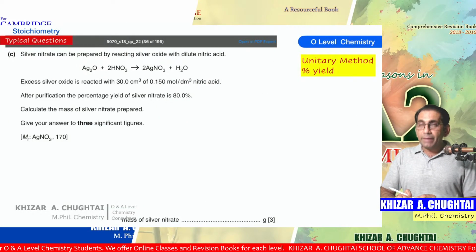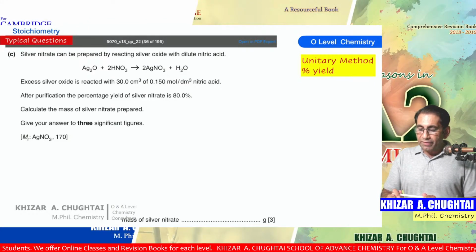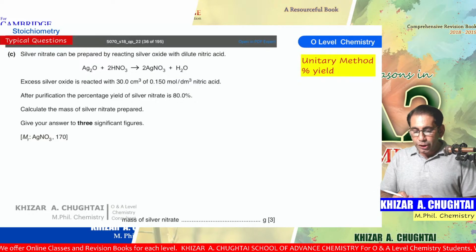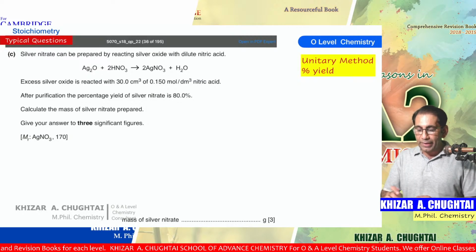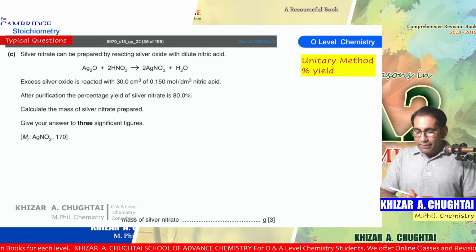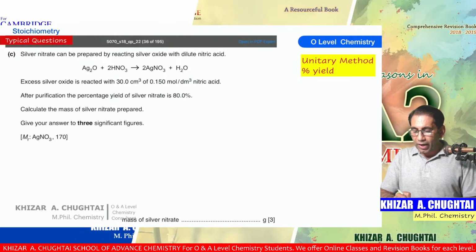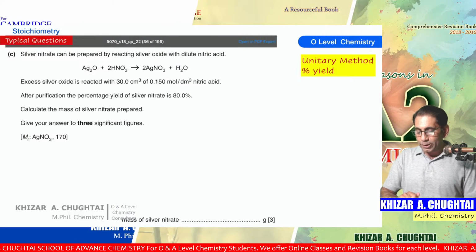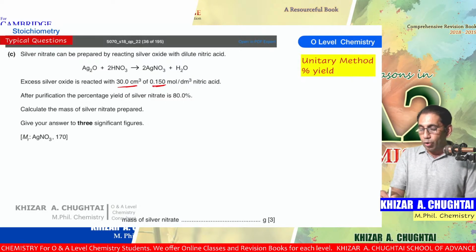Silver nitrate can be prepared by reacting silver oxide with dilute nitric acid. Ag2O plus HNO3 goes to AgNO3 plus H2O. Excess silver oxide is reacted with 30 centimeter cube of 0.150 mole per dm cube of the nitric acid. Once again, you can see that the volume and the mole per dm cube, the concentration, gives us moles.